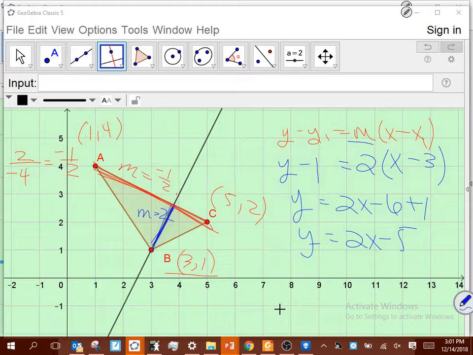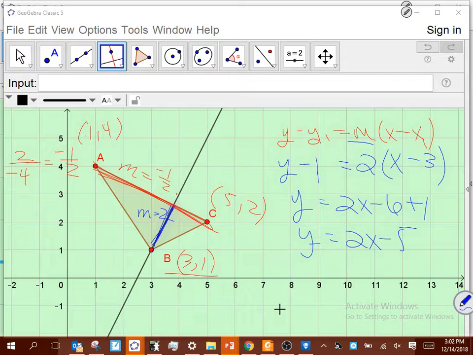But every single time, whether you're in geometry class, algebra 1, algebra 2, chemistry, physics, calculus, when you're trying to find the equation of a line, you need those 2 things, slope and x1, y1, and you just have to be thoughtful, okay? You got to do a little bit of problem solving to understand, okay, what are my x1s and y1s? What's the point on the line I'm looking for?